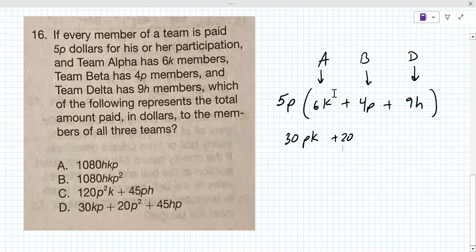But notice it's a P and a P. That's P squared. And then what would the last one be? What would be 5P times 9H? 45PH. 45PH, good.